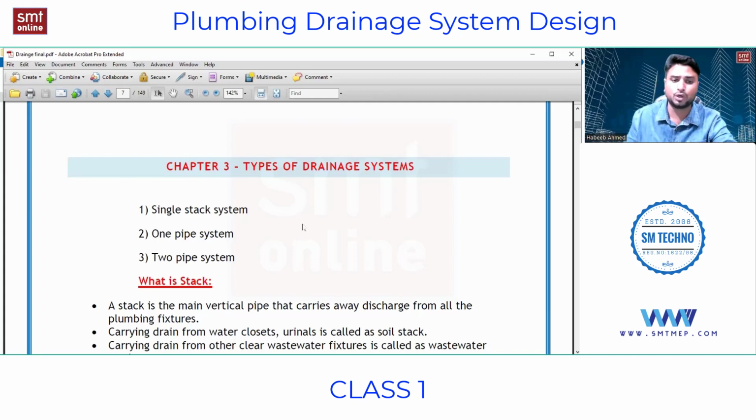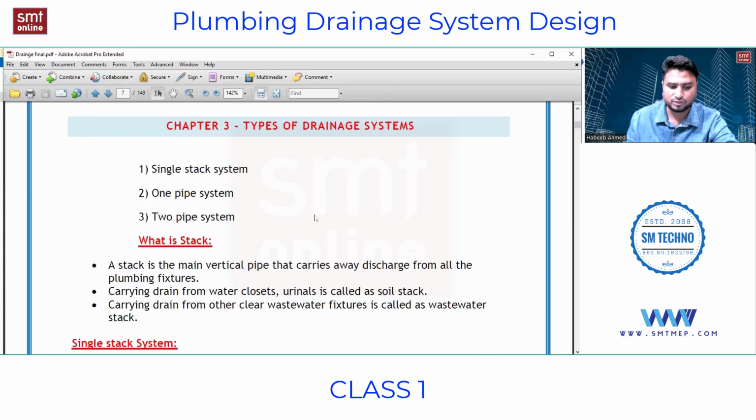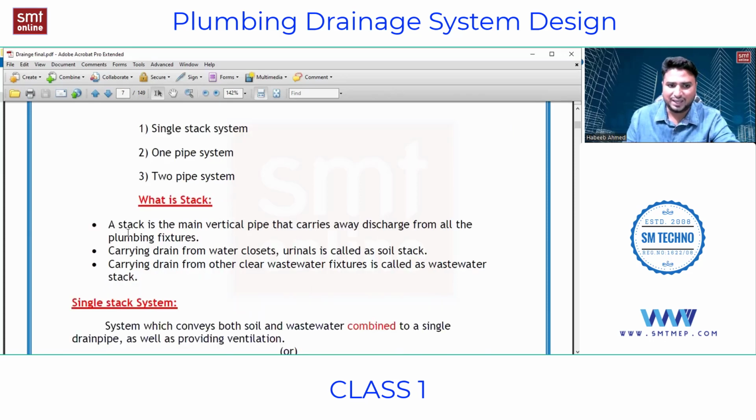But before heading towards the single stack or one pipe or 2 pipe system, first of all, let's understand what exactly a stack is. A stack is a main vertical pipe that carries away the discharge from all the plumbing fixtures. In simple words, it is a vertical pipe carrying the waste or soil, which comes by means of gravity because it's a vertical pipe.